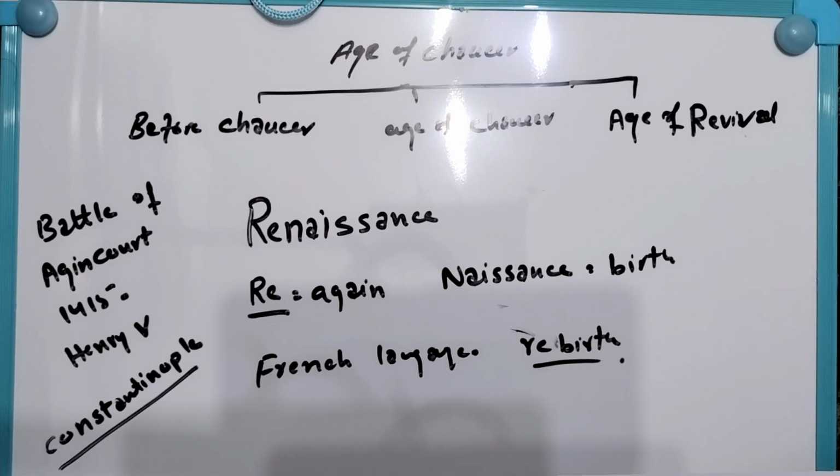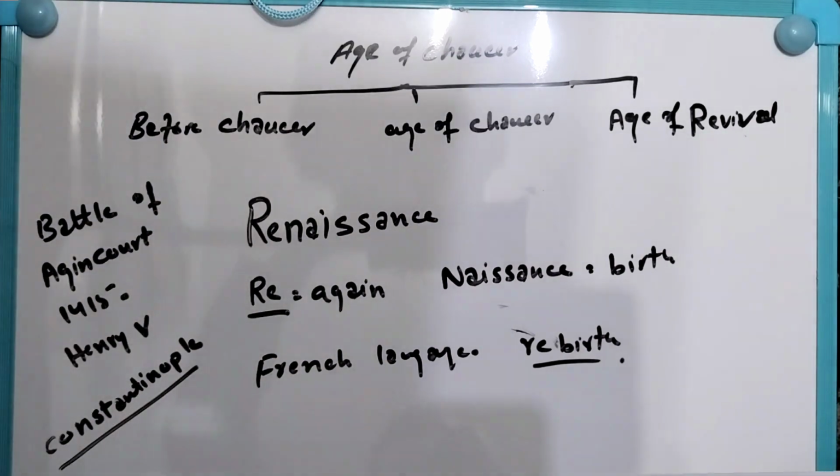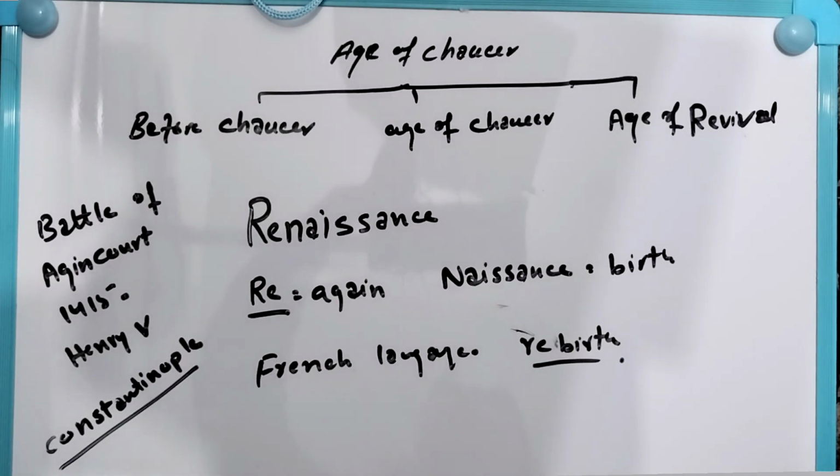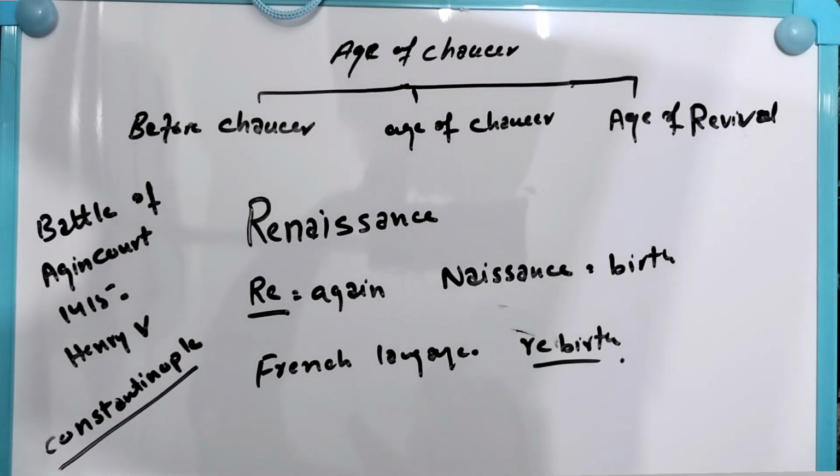As I told you in my last video, the Age of Chaucer has been divided into three parts, as I have shown on the whiteboard: Before Chaucer, Age of Chaucer and Age of Revival. I have discussed Before Chaucer and Age of Chaucer in the last video, which you can see on YouTube as well. Today we are going to explain the Age of Revival.